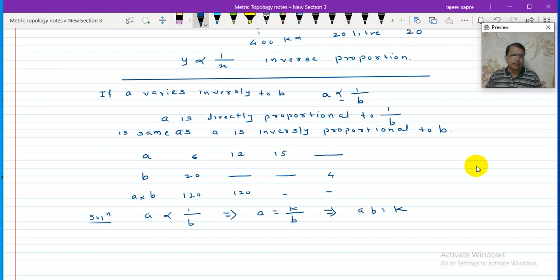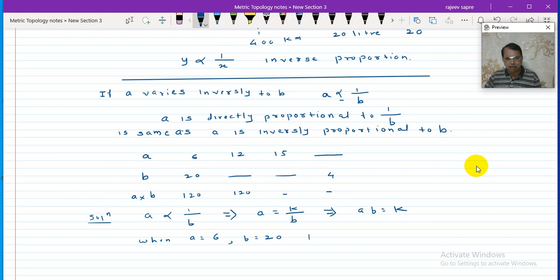So now what is given here? See, A is 6 and B is 20. First table if you see, first column you see, A is 6, B is 20. Right? So when A is equal to 6, B is equal to 20.